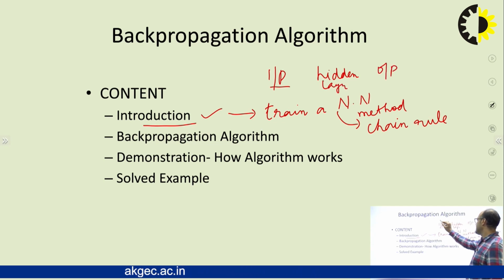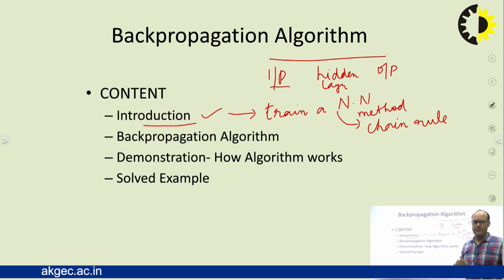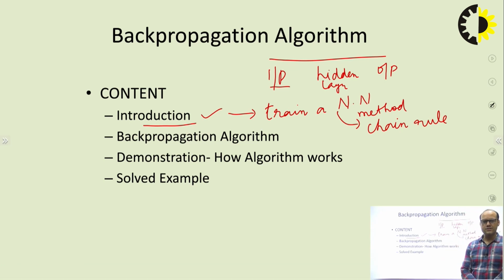This comes under the architecture of neural networks that I have discussed in previous lectures. We feed the input from the input layer through a forward pass in the network, and backpropagation means this algorithm will perform the back pass.